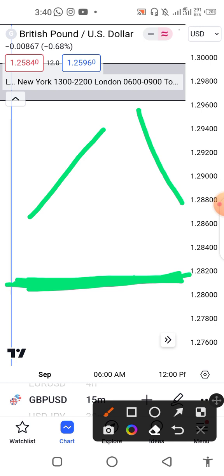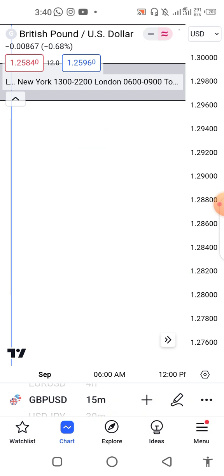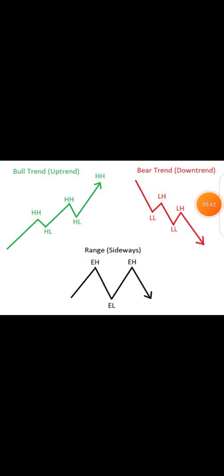So let's continue. When do we see a trending market? Let's tackle trending markets as a subtopic. You obviously see this picture in front of me. Don't worry about finding their meanings or their names.